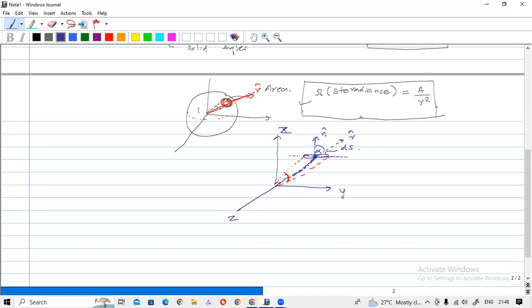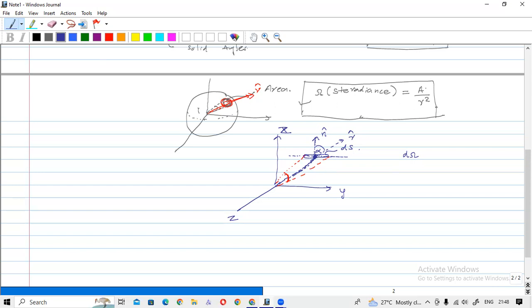But if you want to find the steradian value, this d omega, the solid angle, you have to find the area perpendicular to this r hat. That is the definition.